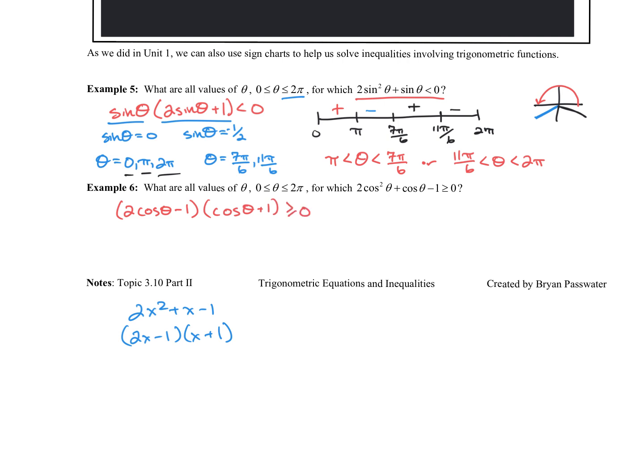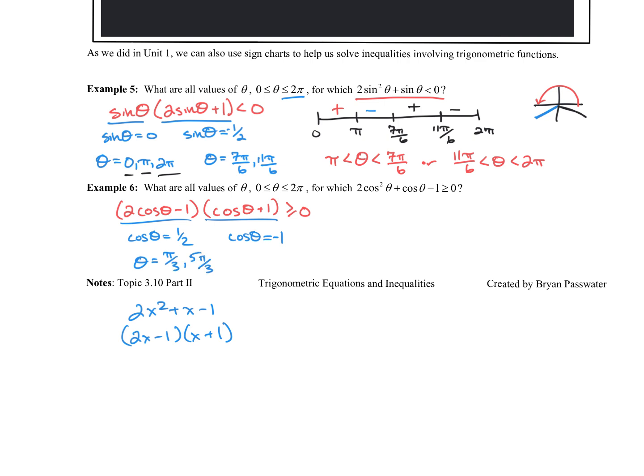Just like what we did yesterday, we're going to set both of those factors equal to 0. So now I'd have cosine theta is equal to what? 1/2. And cosine theta is equal to -1. When does cosine equal 1/2? At pi over 3 and at 5 pi over 3.